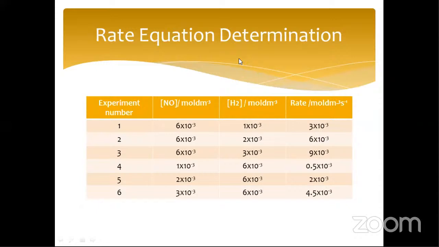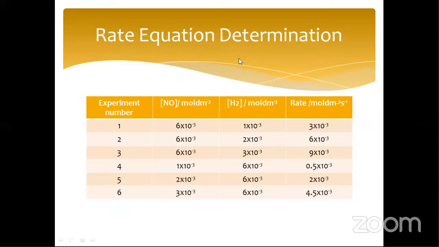So rate is equal to k times the concentration of nitrogen monoxide raised to its order of reaction. So we are going to first of all deduce the order of reaction with respect to nitrogen monoxide. How do we do this? If you're going to deduce the order with respect to a particular reactant, it means you have to ensure that this is the only reactant that is influencing the rate of reaction.